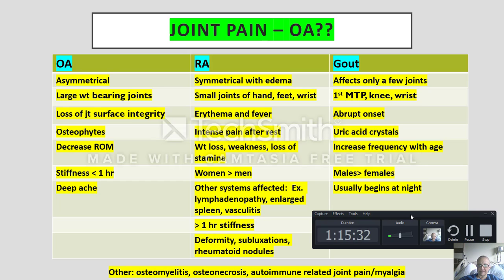Other systems affected are lymphadenopathy, enlarged spleen, and vasculitis. And they have greater than an hour stiffness. Deformity and subluxations in rheumatoid nodules.